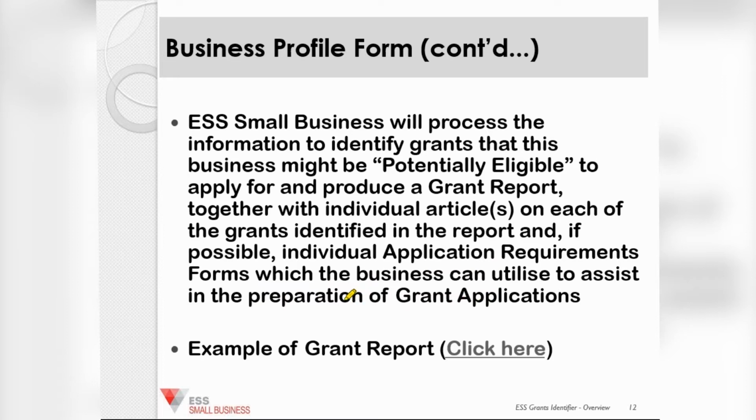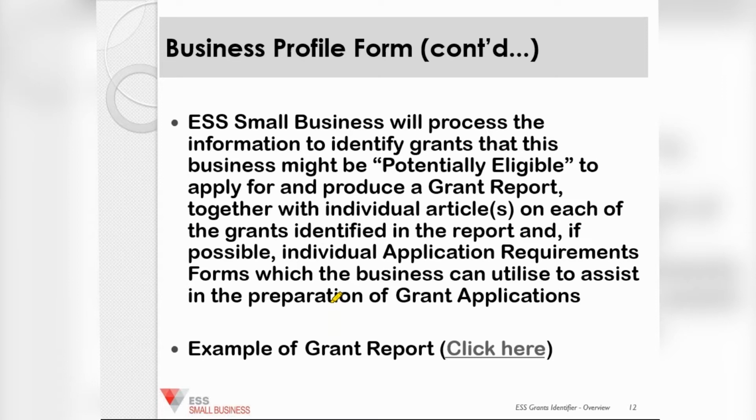You could receive quite a bit of information, which will be all emailed back to you. And it's part of our professional service to produce a report which will identify the grants, state, federal, or territory that your business is potentially eligible to apply for. And we're going to give you additional information so that you can read about the particular grants that have been identified.